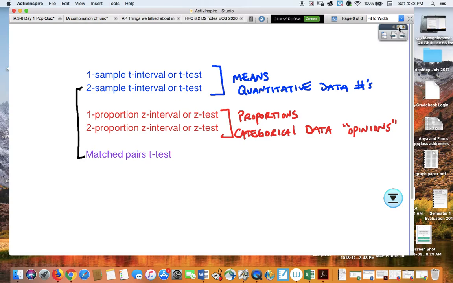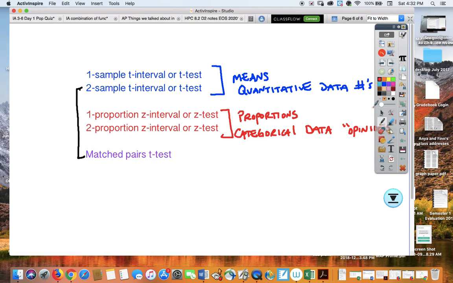All right, so then let's talk about the difference between panic and phantoms. Panic is what you do when you are doing a confidence interval. There's an I and a C in panic. C for confidence, I for interval.